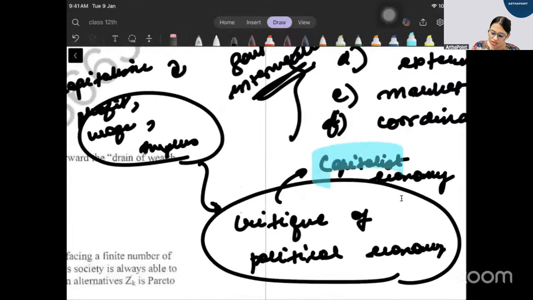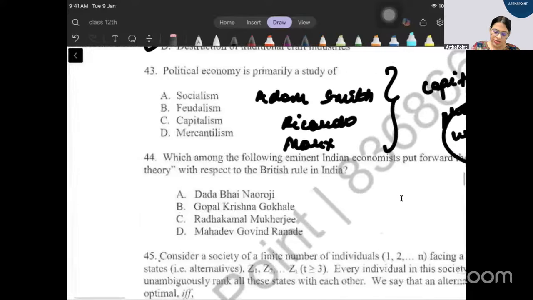So actually this is true that the answer to this will be C. It is C. ठीक है? Okay. Do question number 44. Question number 44. So see, political economy, no one will think कि ये capitalism से related है, but it is actually capitalism.